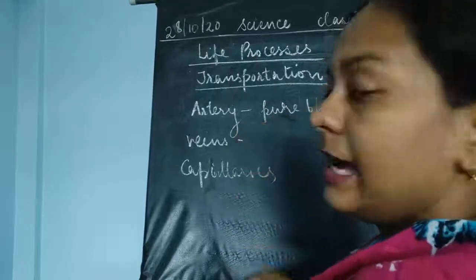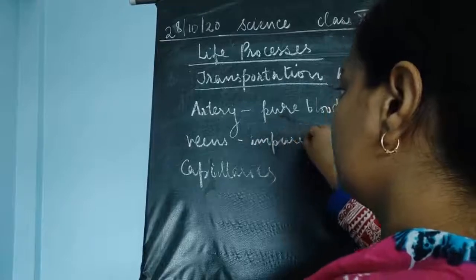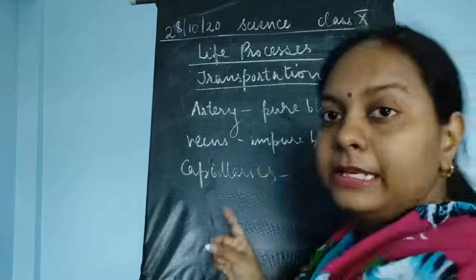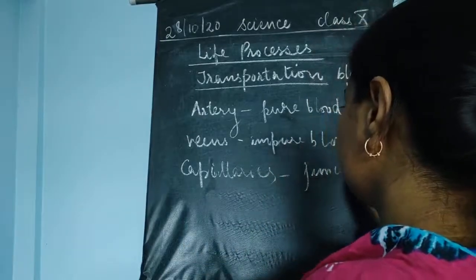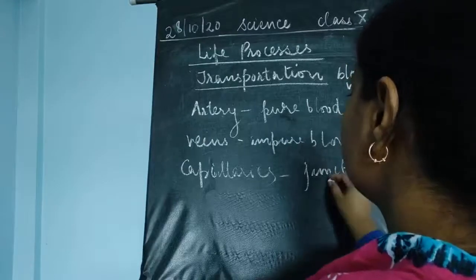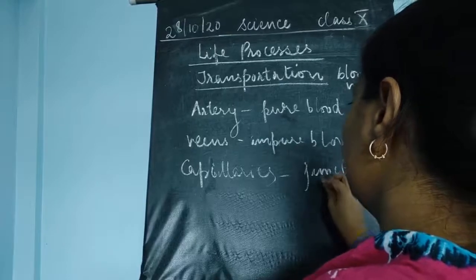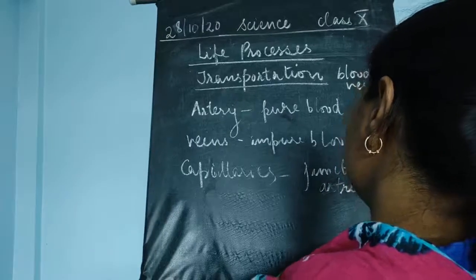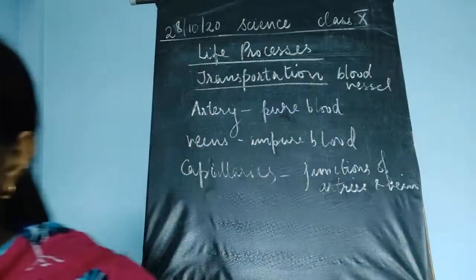Veins carry impure blood. And capillaries are the junctions of arteries and veins.